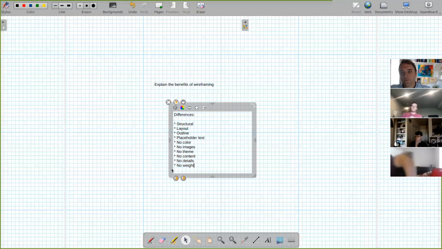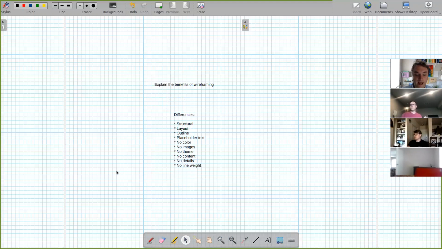But I like that. So these are the big differences. Why? Who gives a shit? Why do we want to see what something looks like without color, images, theme, content, details, line weights? Speed. Yep. So we can absolutely do something like this faster.